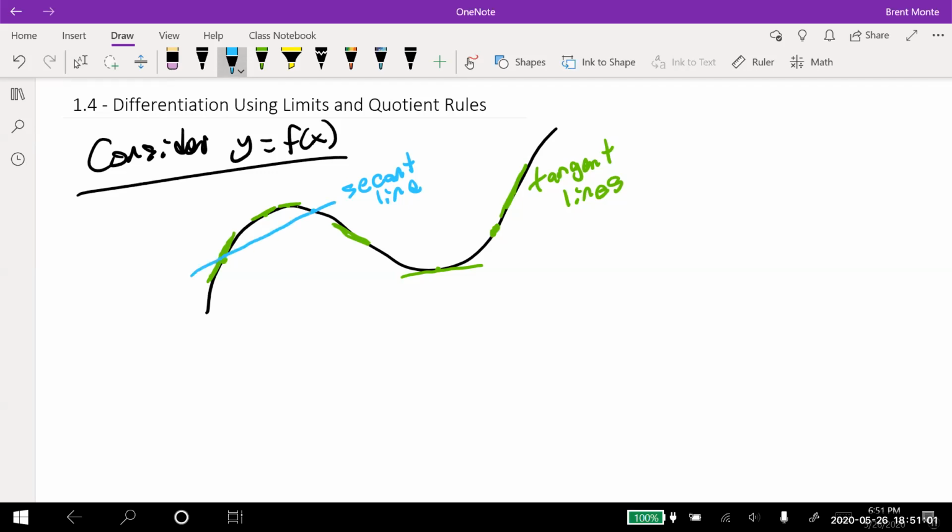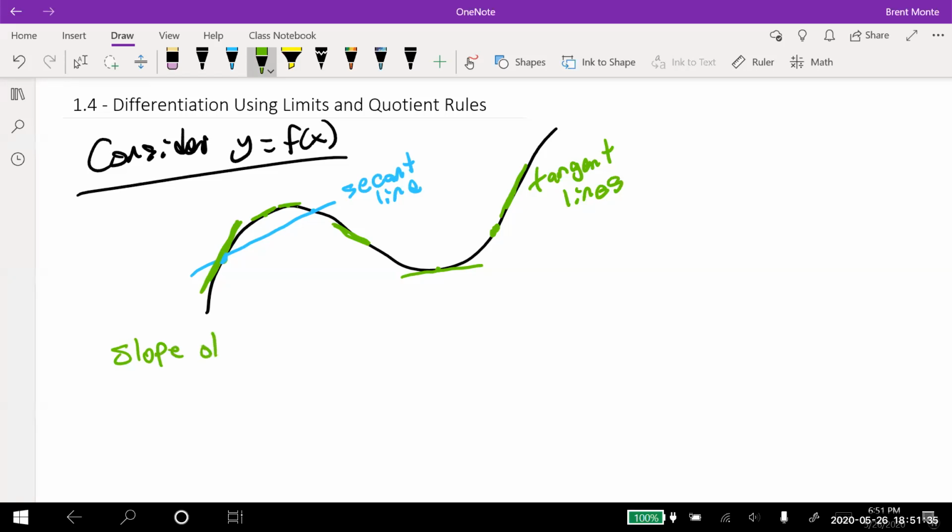I want to think of each of those green lines as a tangent line, because here's the problem. I can find the average rate of change of the secant line, but what if what I'm interested in is how the function is changing right there, just at that one point, not the average over these 2 points? I'm looking for the slope of this line. So here's the idea.